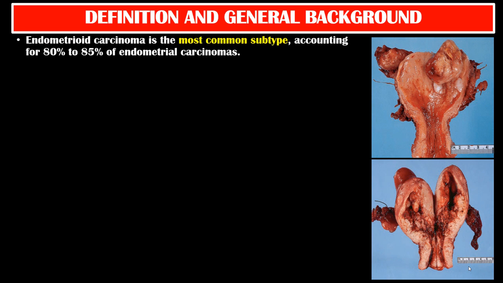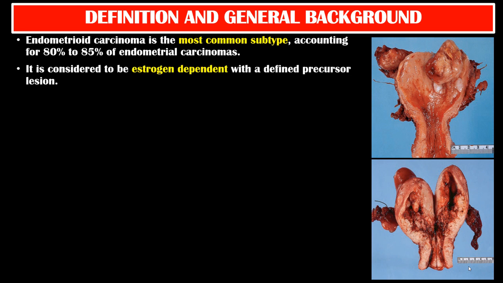Definition and general background. Endometrioid carcinoma is the most common subtype, accounting for 80% to 85% of endometrial carcinomas. It is considered to be estrogen dependent with defined precursor lesions.